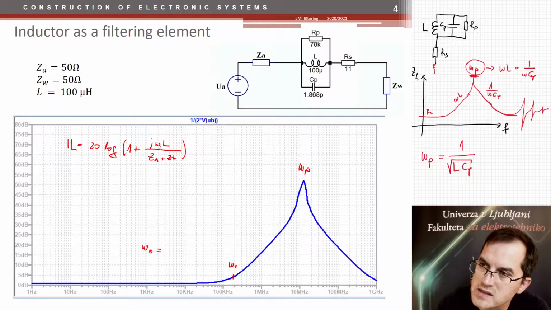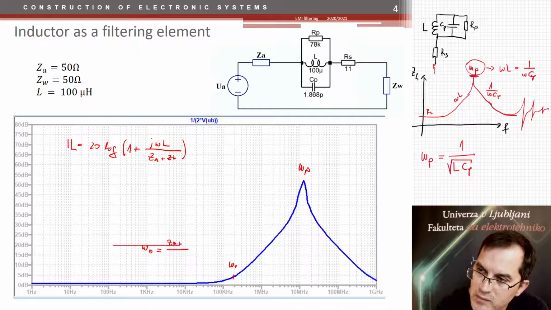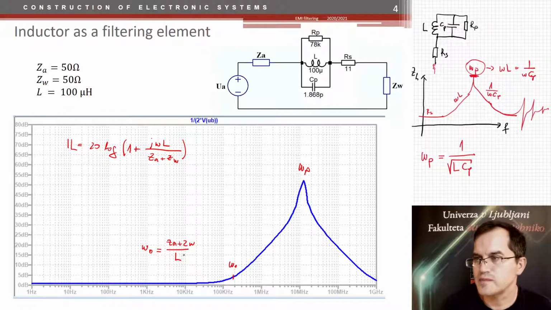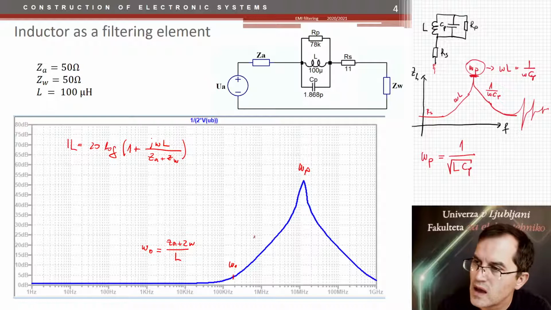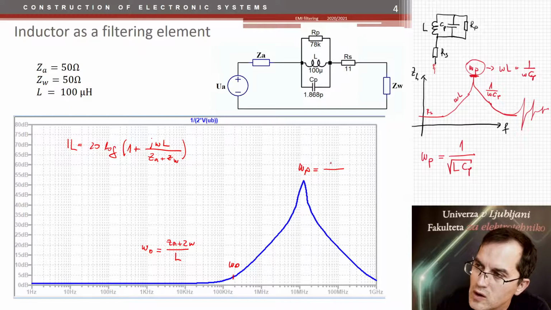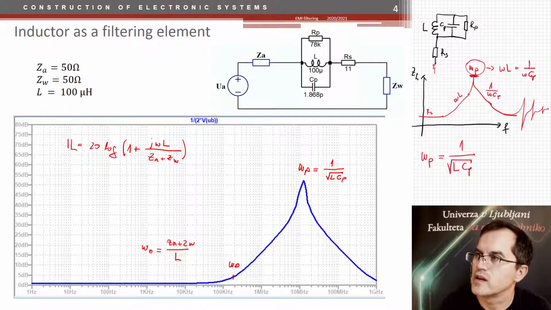So the omega 0 is where the omega L is equal to ZA plus ZB. So it is ZA plus ZB, Z_0, over the L. Okay, that's the omega 0. And the parallel omega is equal to 1 over square root of L C parallel, that one here.